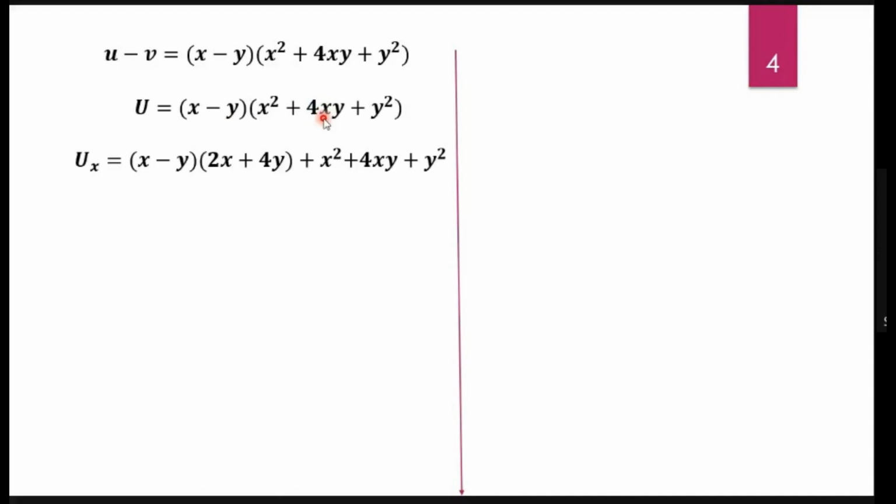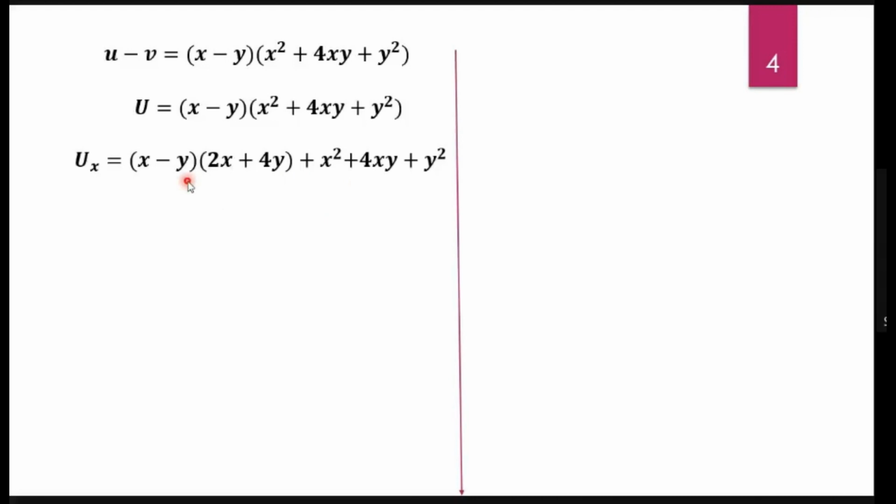So I am using u into v: the first function u into derivative of the second bracket term with respect to x. So what will it be? 2x plus 4y, plus the second bracket term v into derivative of x minus y with respect to x, which is equal to 1. So I have written x squared plus 4xy plus y squared. I have applied u into v, I have not expanded it. First function into derivative of second function plus second function into derivative of first, u dv plus v du.